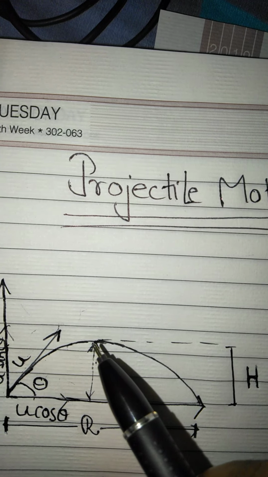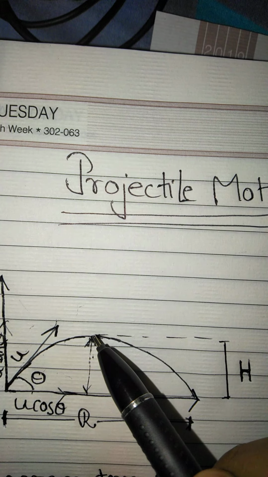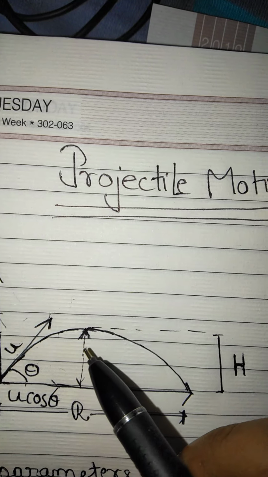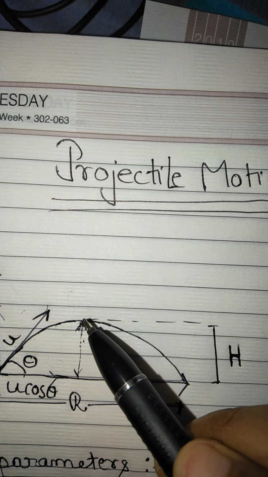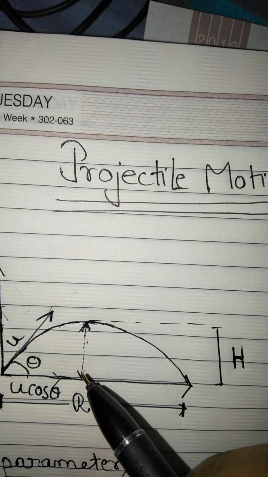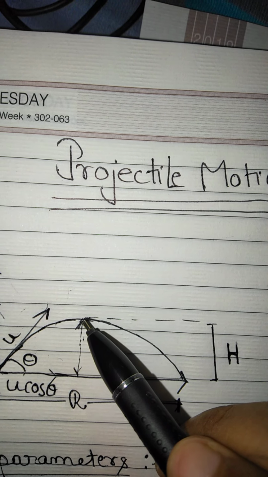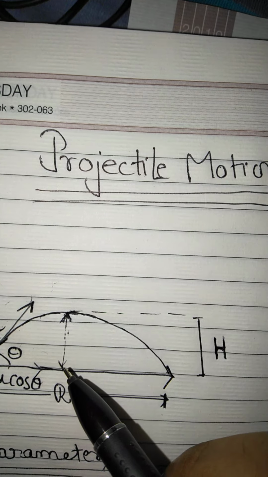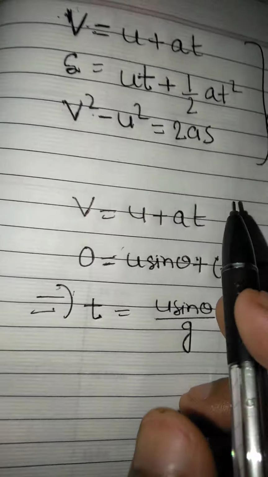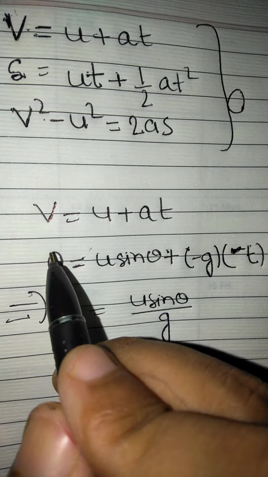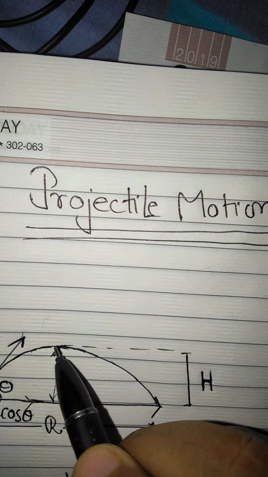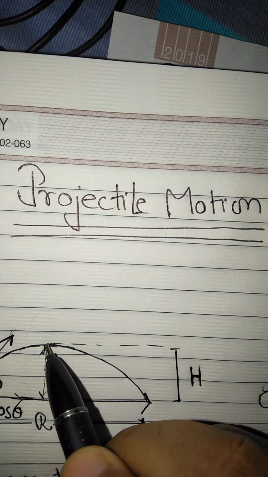So we will find the time period up to this point only, because from the 1D vertical motion we know that the time an object takes to reach a certain height is equal to the time it takes to reach back to its original position. So the final velocity will become 0, because at this point the velocity of the projectile is 0.